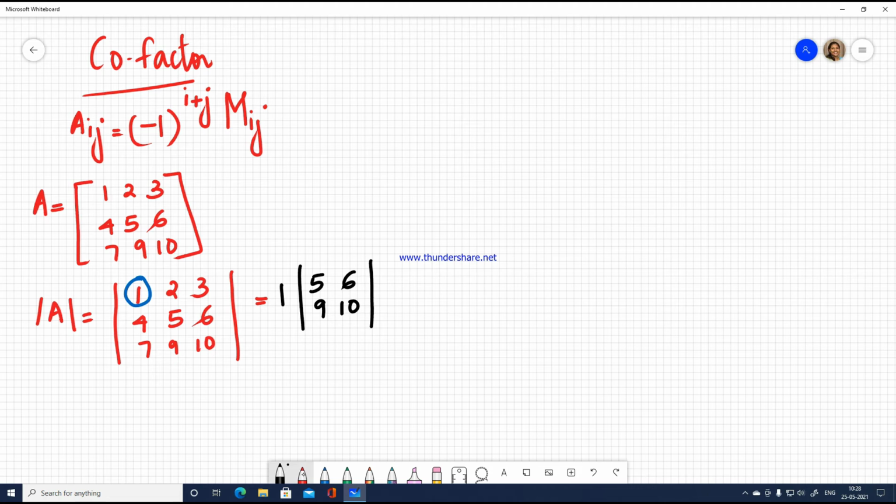Then minus 2. The signs go positive, negative, positive. So minus 2, and I'll cover the row and the column containing 2. So it will be the determinant of 4, 6, 7, 10.